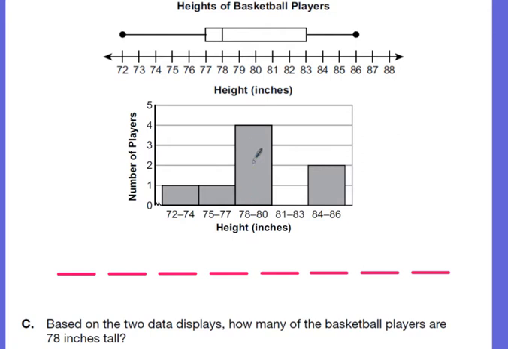The number of players between 78 and 80 inches tall is 4. And then there were 0 players in this interval, and then there were 2 players between 84 and 86 inches tall. So we're going to use both of these plots together to figure out the heights of all the players, all 8 heights.